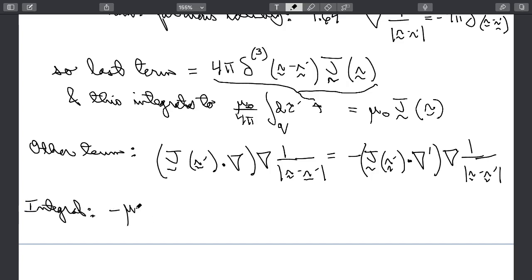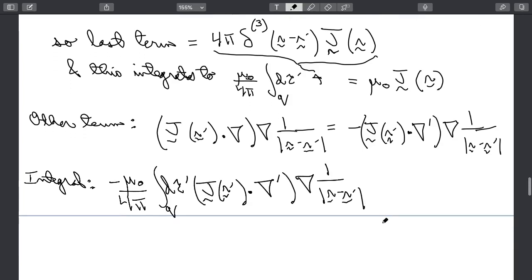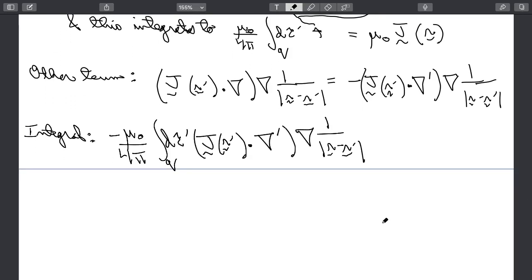I've got minus mu 0 over 4 pi, integral over my volume, d tau prime, of this whole thing here. So I've got j at r prime dotted into the gradient prime with the gradient unprimed over r minus r prime. All right, so that's an integral, but now I can do the following tricks.